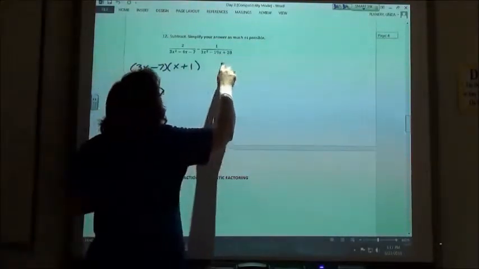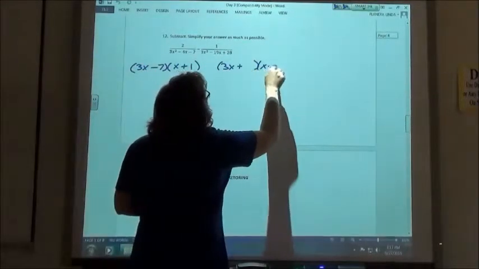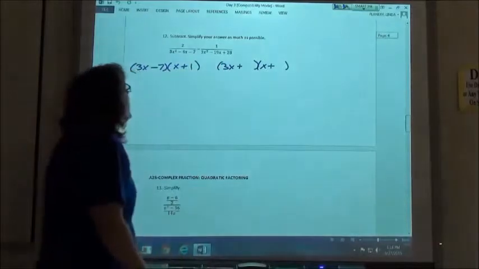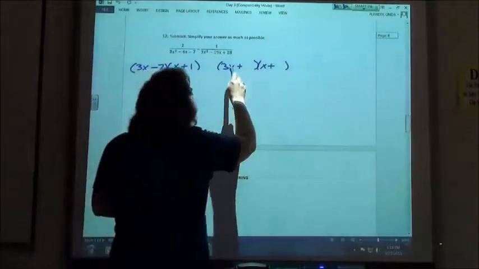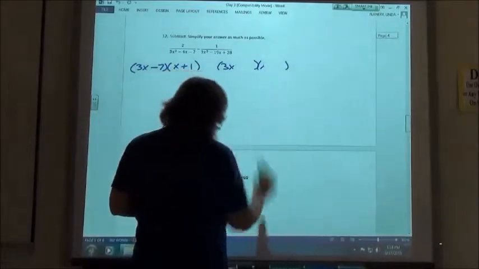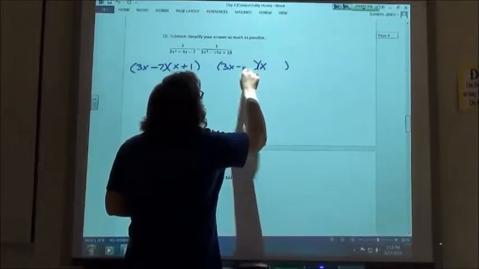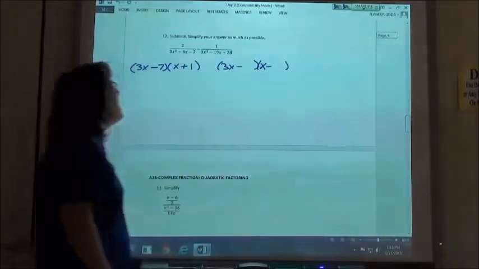On the other one, we've got 3x and x. Both of these are pluses. And so for 28, we would have 4 times 7. Whoops, not pluses. Both of those are minuses. Since the end is positive, they're both the same as the middle. They're both minuses.